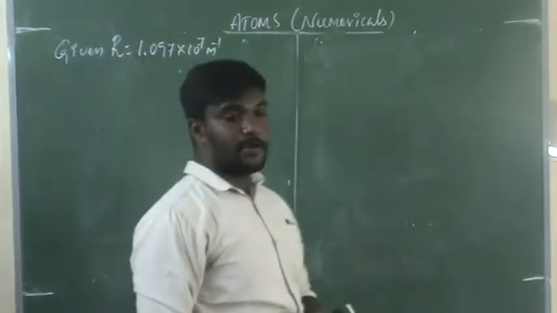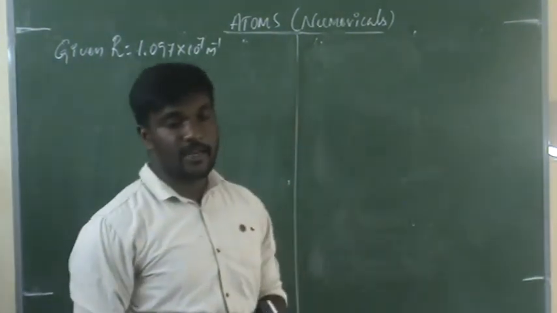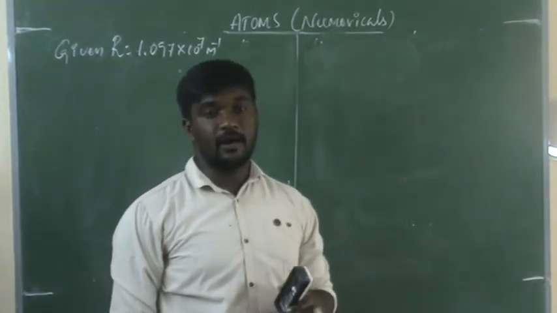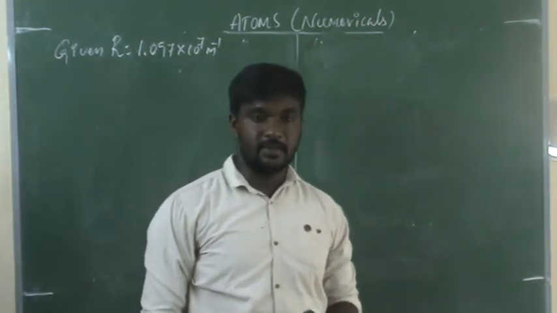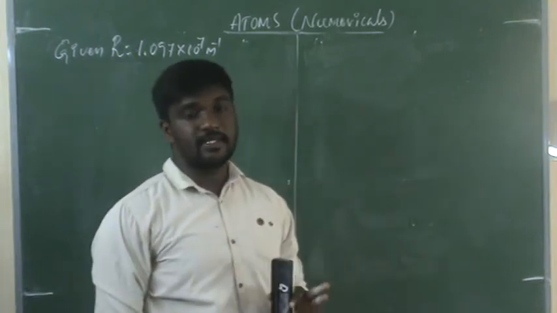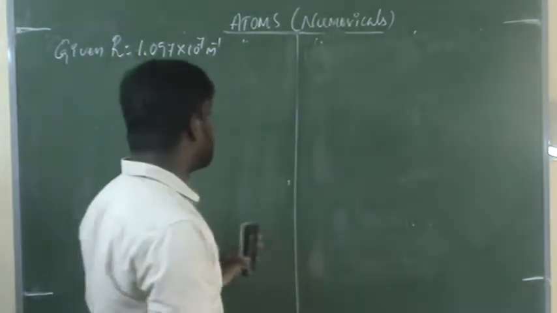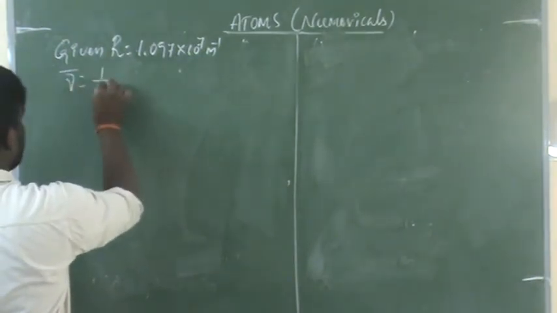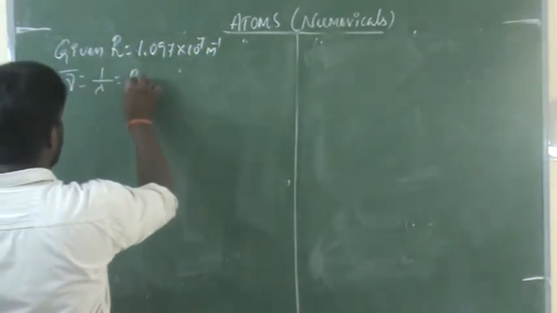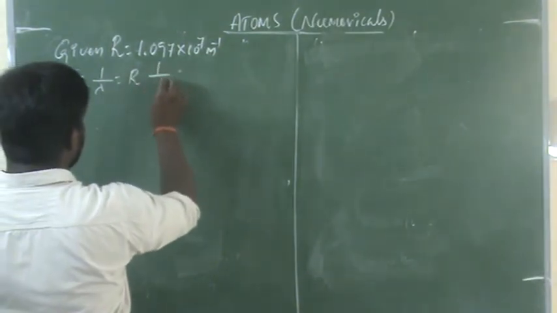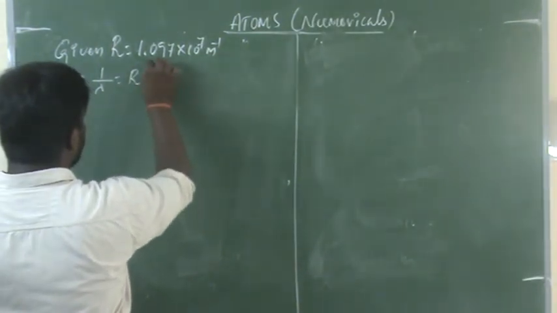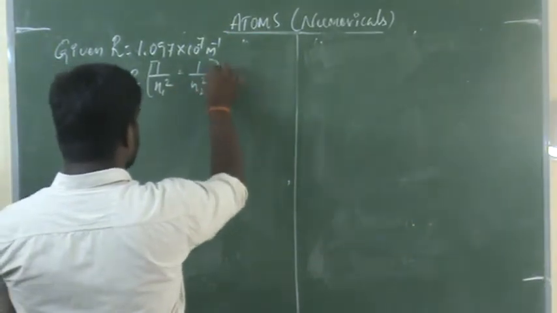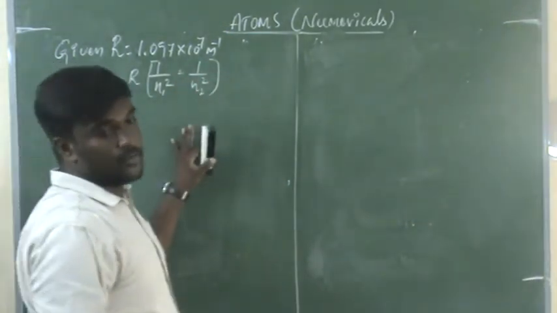We already discussed this in the theory portion. Wave number nu bar is equals to 1 over lambda equals R into 1 by n1 square minus 1 by n2 square. That's the wave number formula.